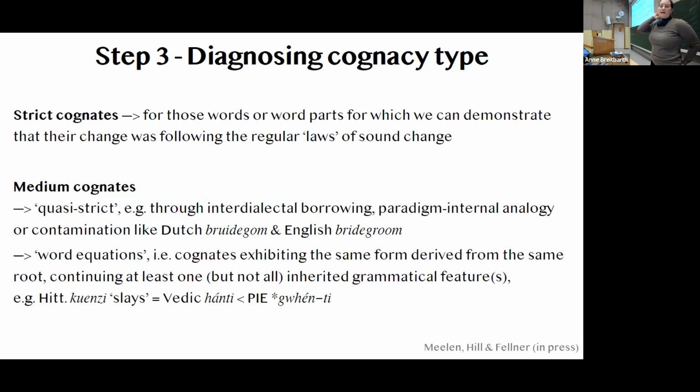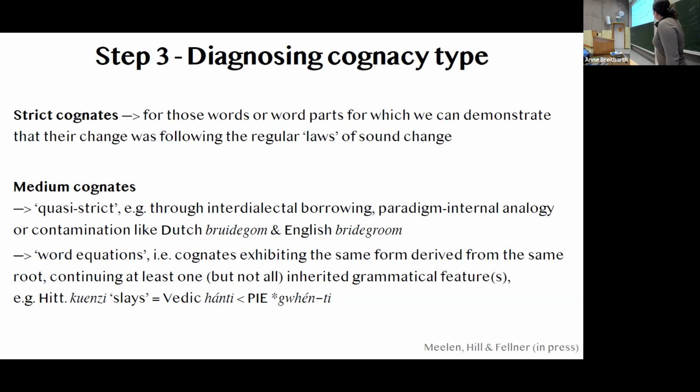So then what you end up with is a typology where you have strict cognates. So that's for those words and word parts for which we can demonstrate the change followed regular laws of sound change. We have median cognates, and those are either sort of quasi-strict or word equations.